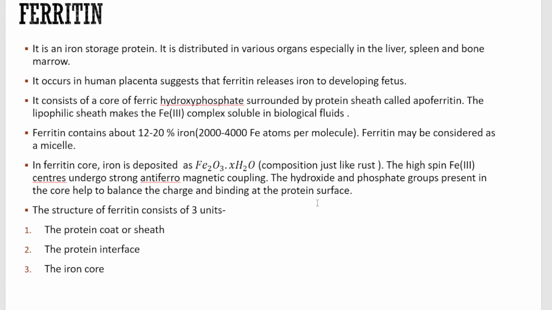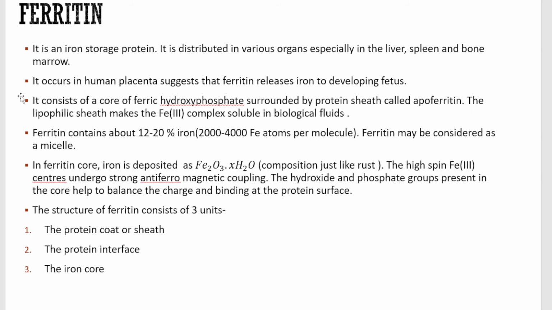The major two components of ferritin are a core, which is nothing but ferric hydroxyphosphate, that is the composition of the core, and then that core is surrounded by a protein sheath, and that protein sheath is called apoferritin. So ferritin has a central core where there is ferric hydroxyphosphate, and then it is covered by a protein sheath which is called apoferritin.